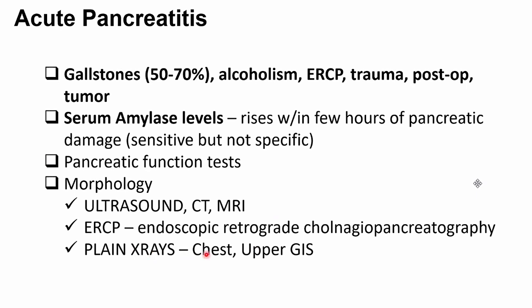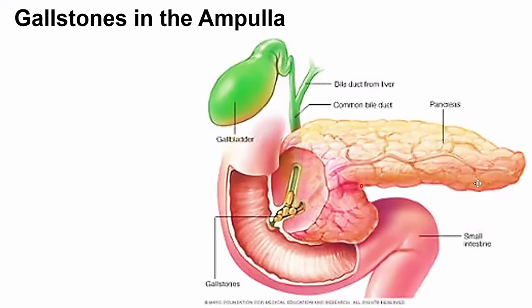X-ray is important, chest and upper GI series. What is GI? Gastrointestinal series. Yes. Thanks, gastrointestinal series. May mga iba hindi nakakaintindi what is CT, MRI, so I have to make sure that you know all this.